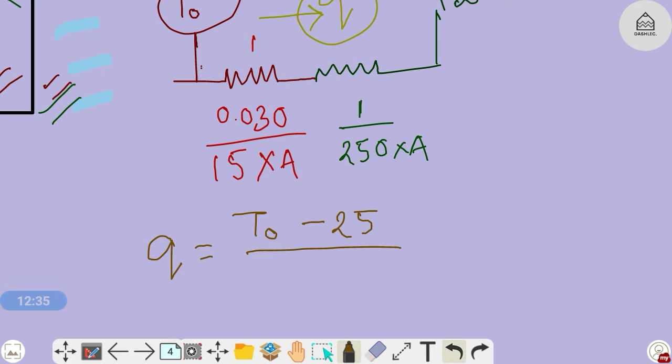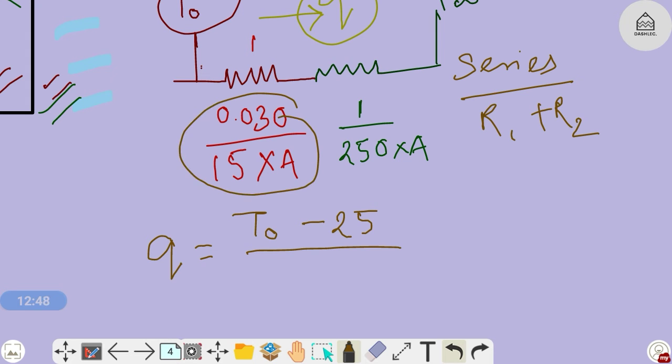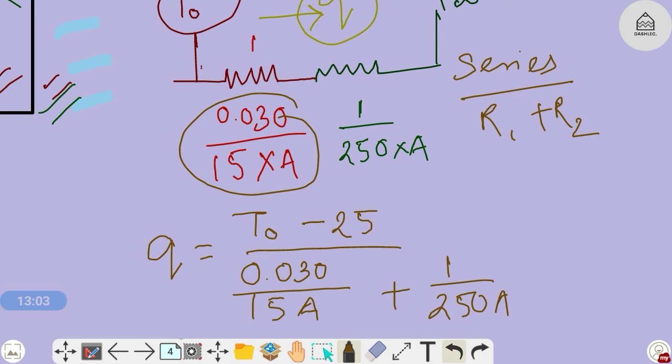Divided by R total. R total means, as this is in series, R total will be R1 plus R2. So R1 is 0.030 divided by 15A, plus 1 by 250A.